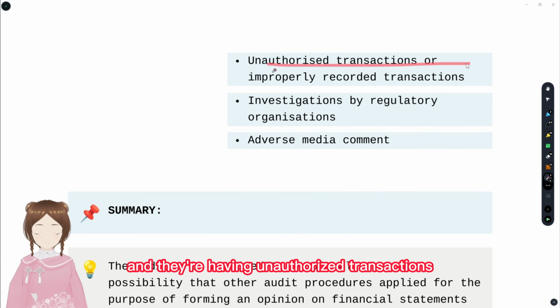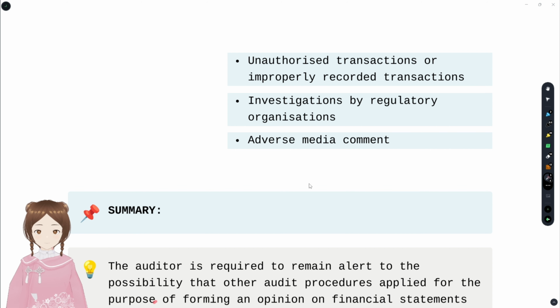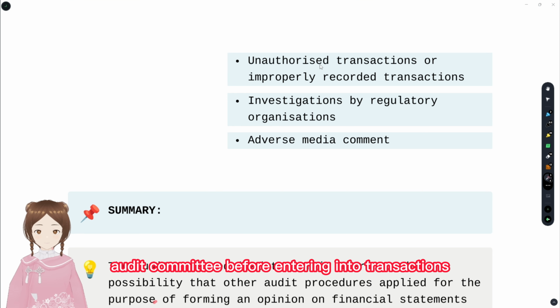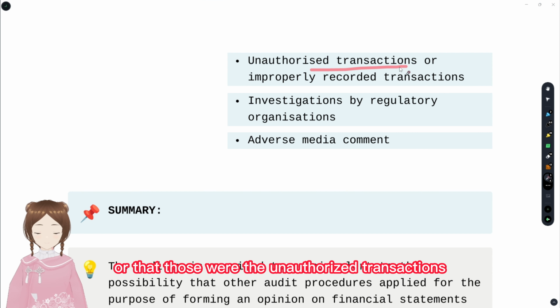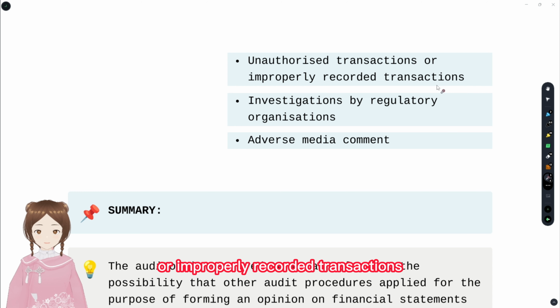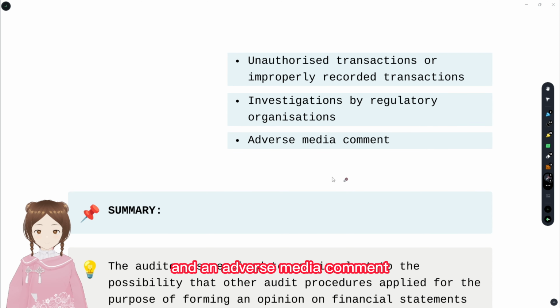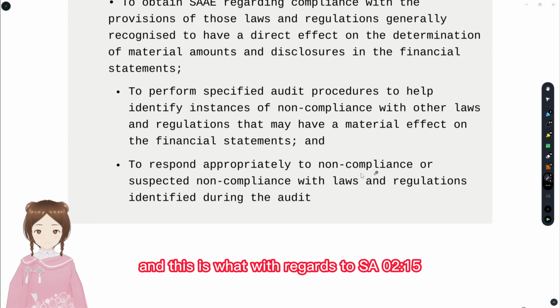And they're having unauthorized transactions, where the board of directors or management has to take prior approval of the audit committee before entering into transactions. When they have not taken such approvals, those were unauthorized transactions, or improperly recorded transactions, or fictitious journal entries, an investigation by a regulatory organization, and an adverse media comment. And this is with regards to SA 250.